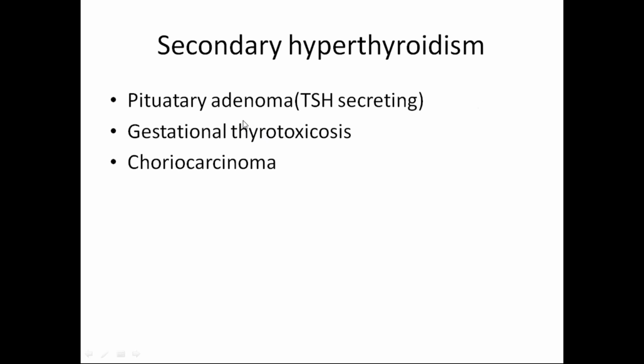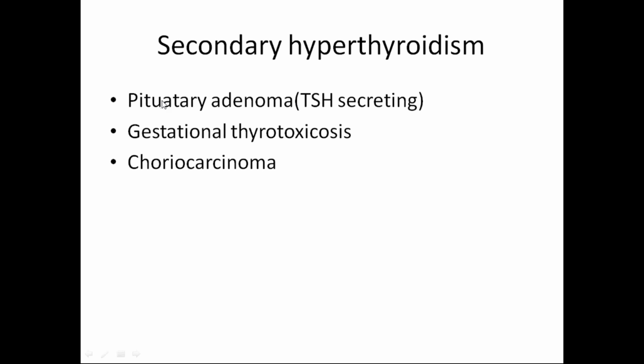Other causes are secondary hyperthyroidism. In secondary hyperthyroidism, the thyroid gland itself is functioning normally. There is no problem with the thyroid gland, but the problem is in other parts of the body. The basic mechanism of thyroid functioning is that there is secretion of TSH from the pituitary gland.